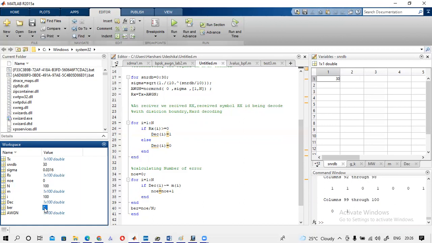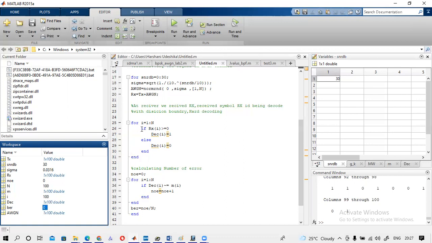So only these two. When we are running this iteration, if we can save every value, then you can plot.